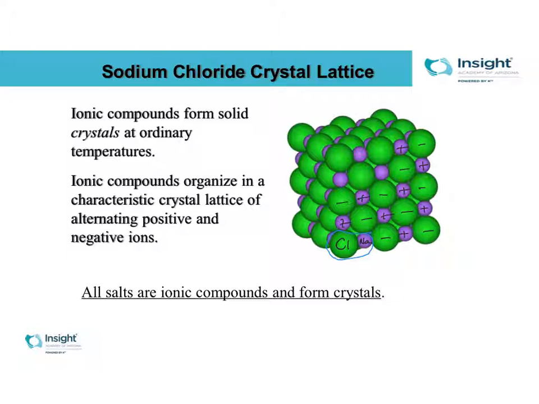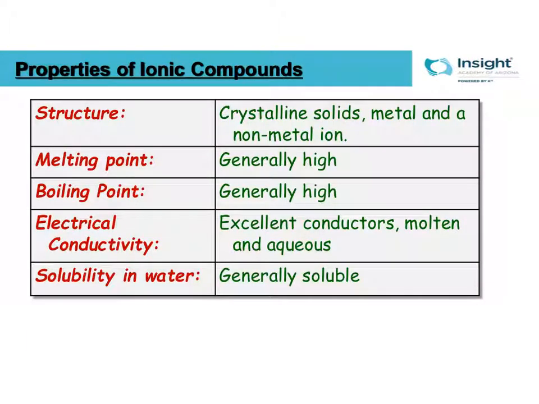So this term crystal lattice is a good term to know, and just know that it is this super organized structure of alternating positives and negatives from your ionic compound. So a good list of things that you want to make sure you have written down somewhere.